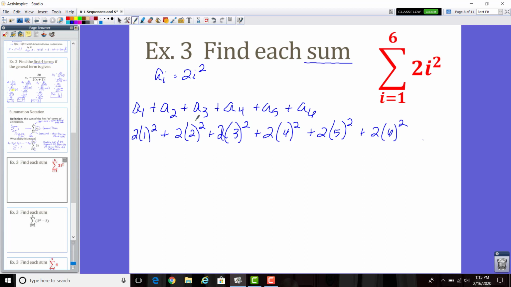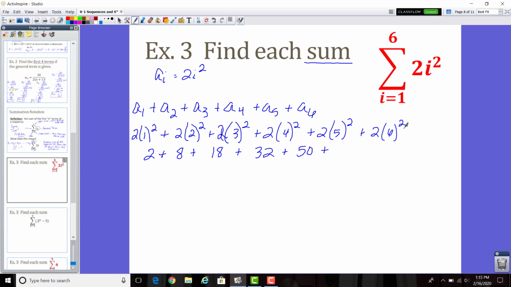And then follow your order of operations. We have multiplication and an exponent. Exponents come first. So 1 squared is 1, 1 times 2 is 2. 2 squared is 4, 4 times 2 is 8. 3 squared is 9, 9 times 2 is 18. 4 squared is 16, 16 times 2 is 32. 5 squared is 25, 25 times 2 is 50.